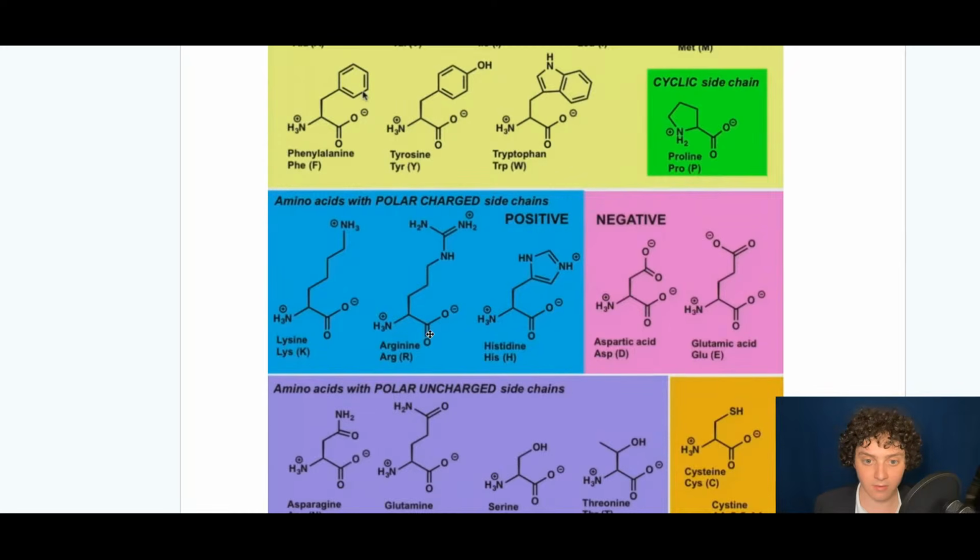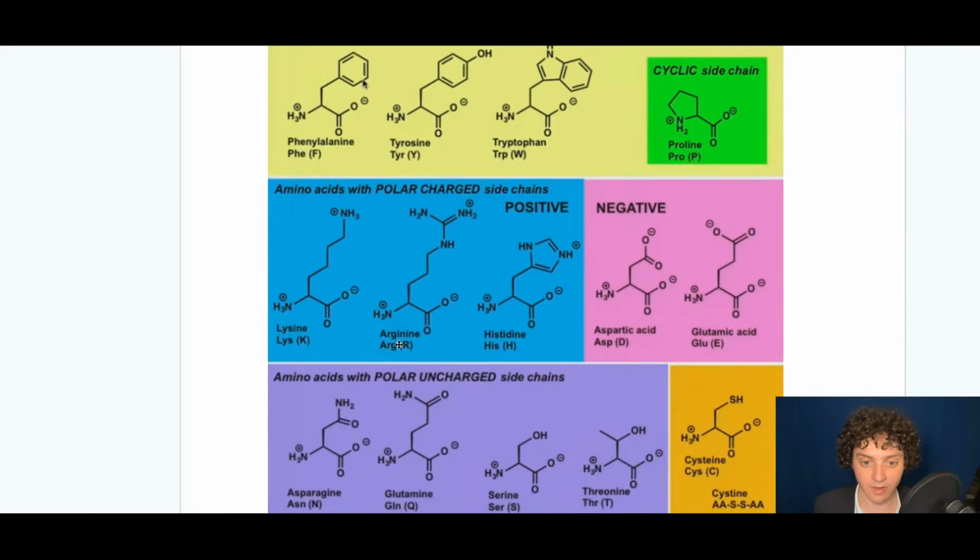This is one of the basic amino acids, arginine. This amino acid has an R group that is a CH2, CH2, CH2, and then NH, carbon double bound to NH2 positive. That's what makes it basic, just like the amino group on the backbone.